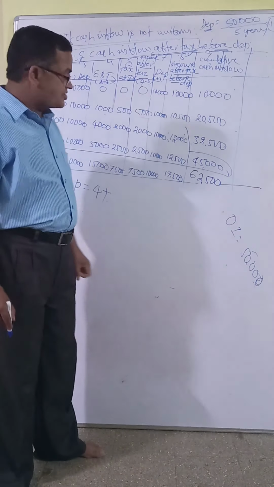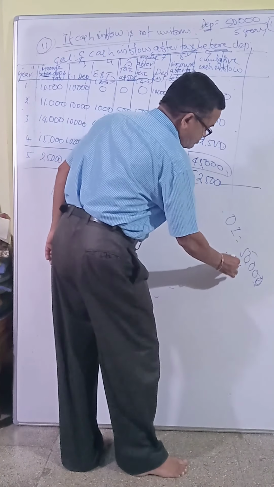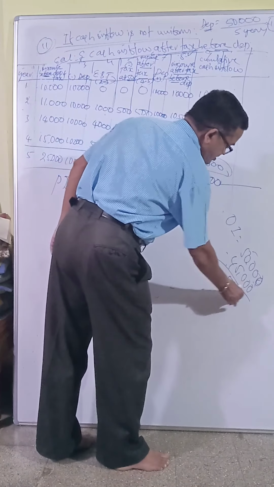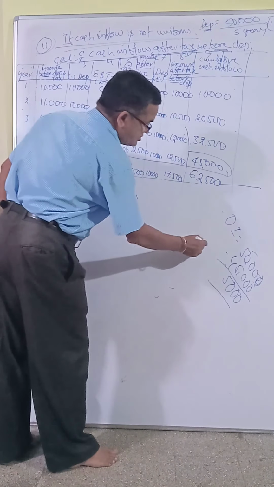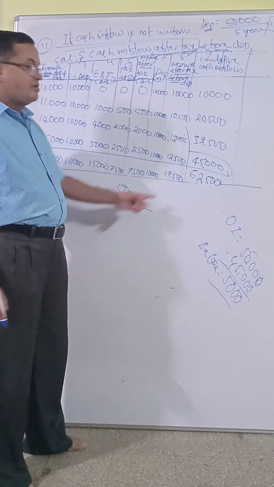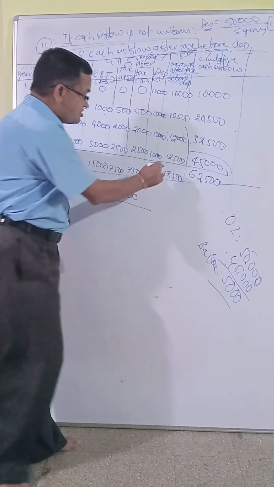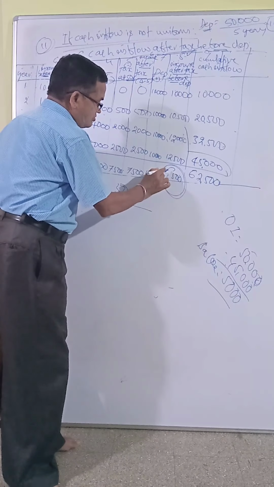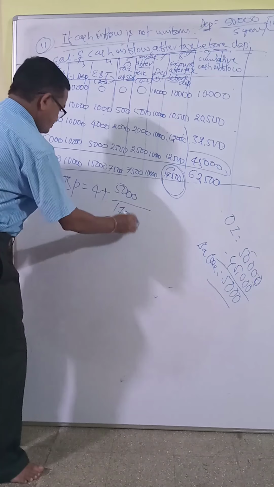Plus balance cash inflow. Out of 50,000, we recovered 45,000. Balance cash inflow is 5,000. So 5,000 is the balance required, divided by the cash inflow for the next year, not this one, this one: 17,500.